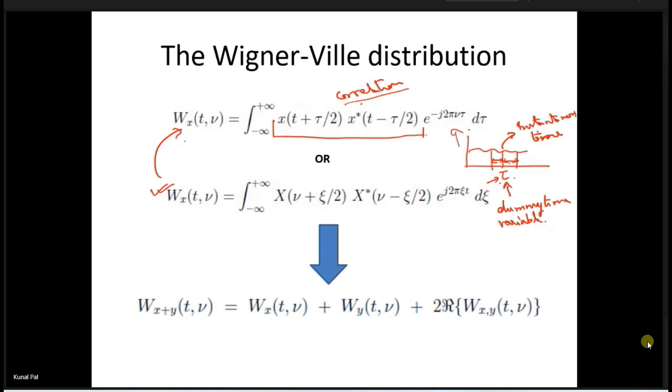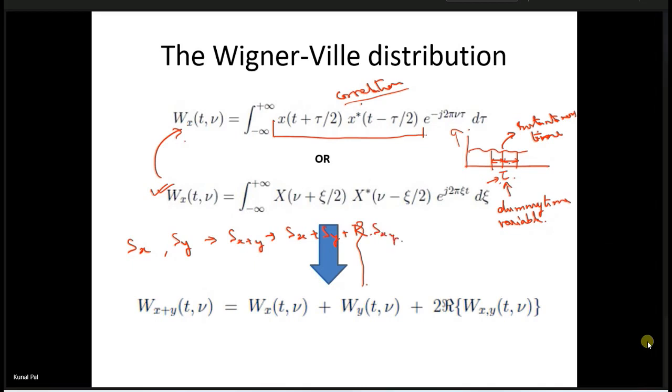Now, just like in our previous case, when we looked at the spectrograms of signals X and Y, and then the spectrogram of X plus Y, we had the spectrogram of X plus the spectrogram of Y plus a correlation or cross term of XY.